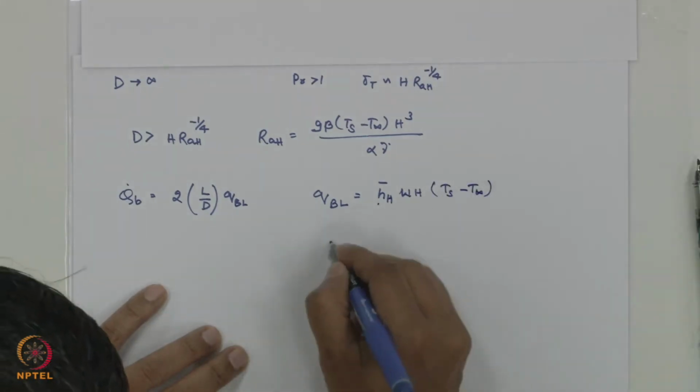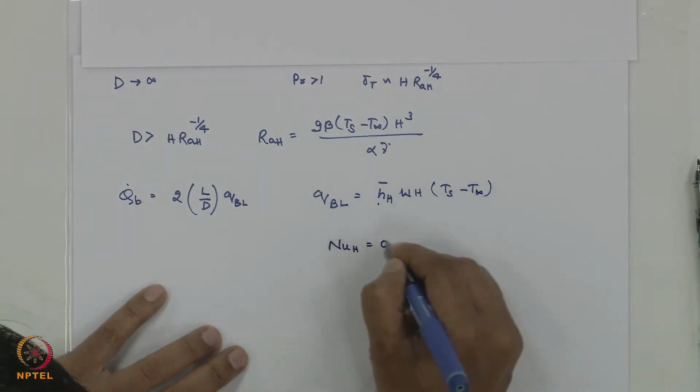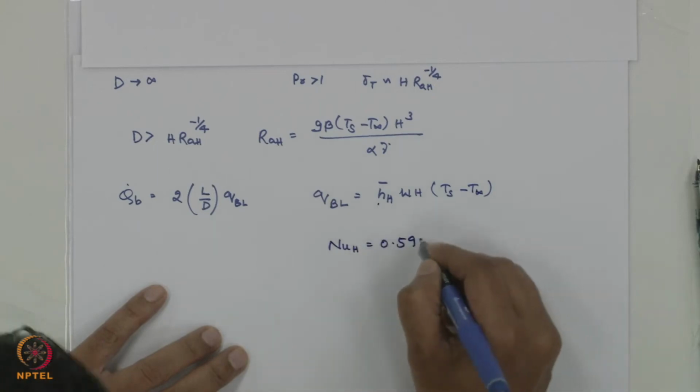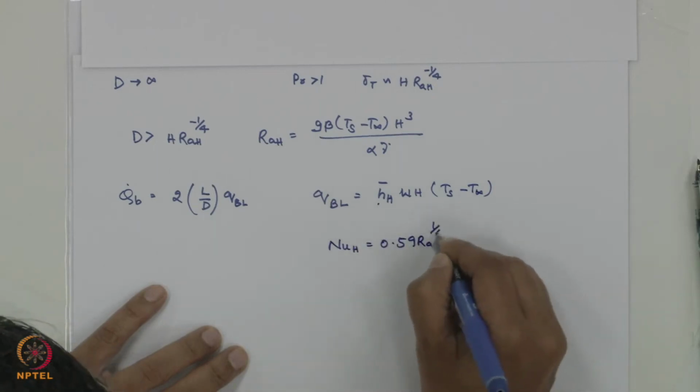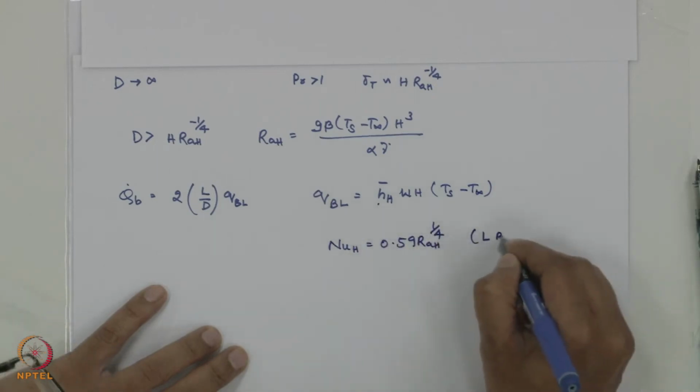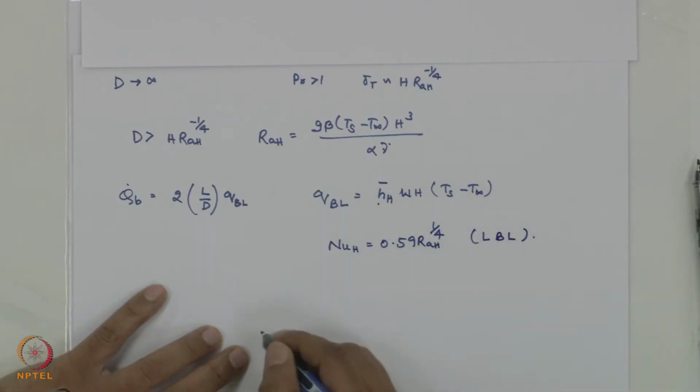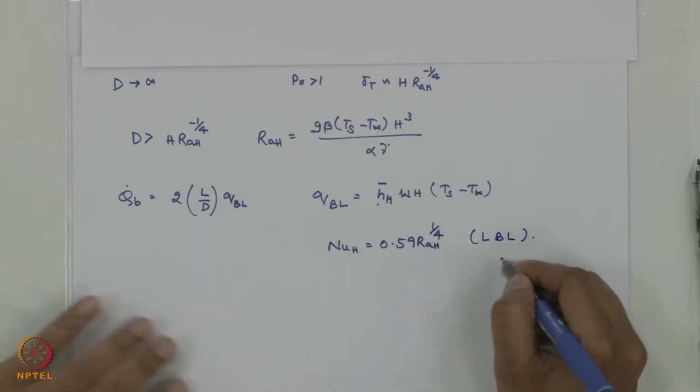So we know that the Nusselt number NuH for a vertical plate is 0.59 RaH to the power of 1 by 4. I am considering this as a laminar boundary layer, that is Rayleigh number 10 to the power of 4 to 10 to the power of 9.